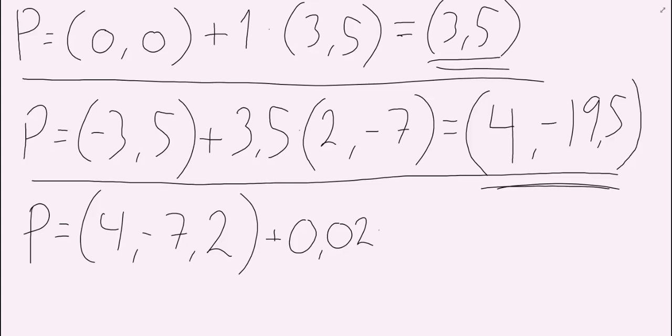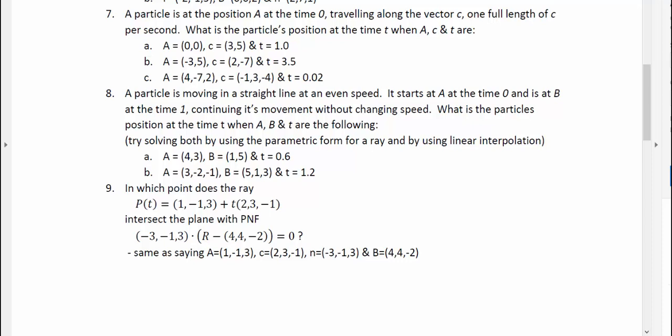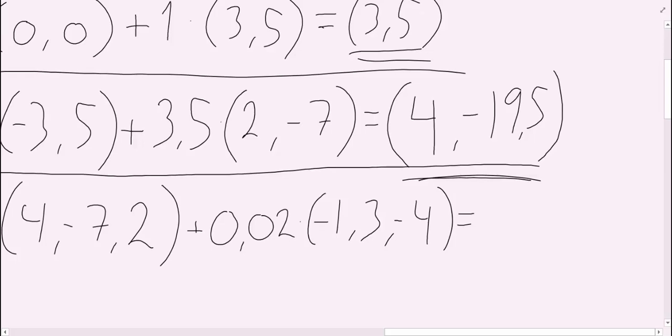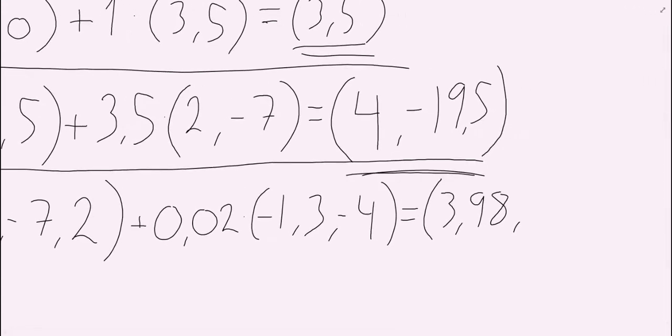So this times minus 1, 3, minus 4 yields 0.02 times minus 1, which is obviously minus 0.02, so this will give us 3.98. 0.02 times 3 is 0.06, so we have minus 7 plus 0.06, so that'll give us minus 6.94.